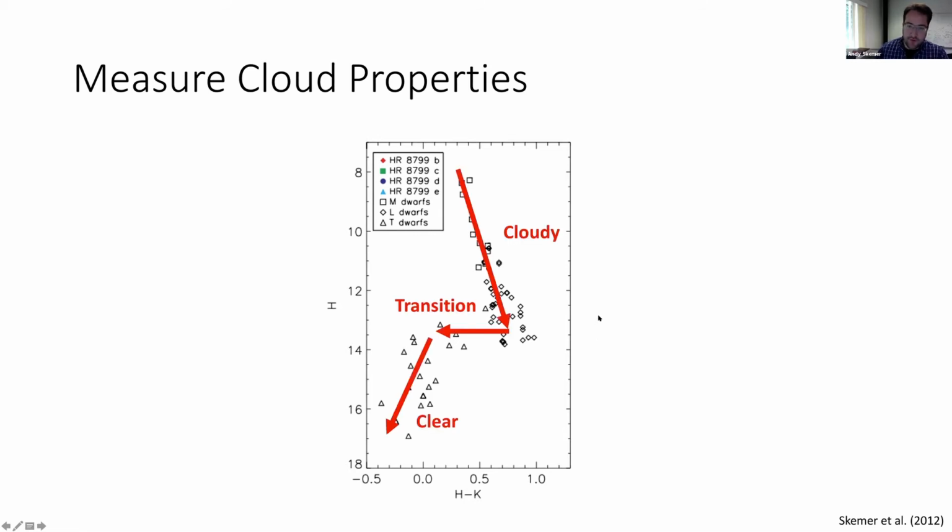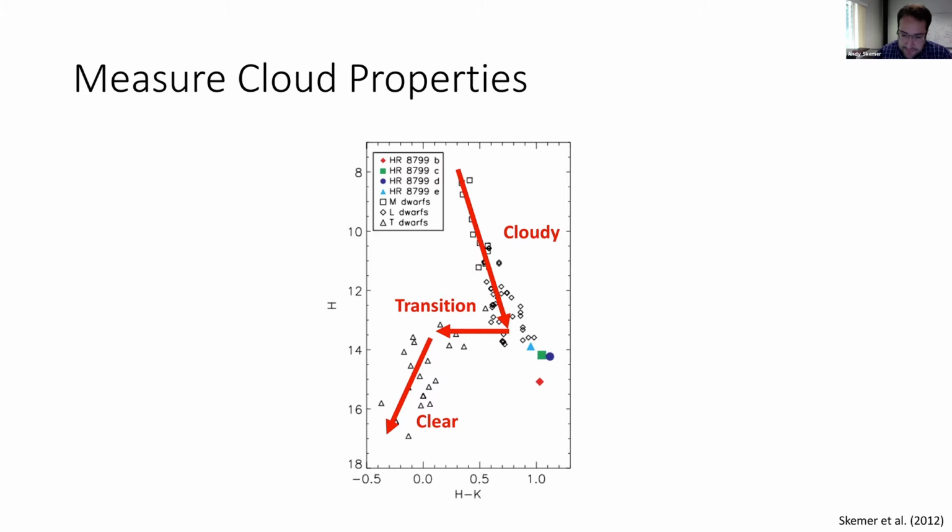And so what we think is going on is that there are these clouds that are sinking, or they're becoming thicker, and they eventually sink below the photosphere. So at the top, you're getting cloudier and cloudier as you cool. And then there's a sudden transition where the clouds sink below the photosphere, and then you have clear atmospheres. So we've done that with a whole bunch of older, more massive brown dwarfs.